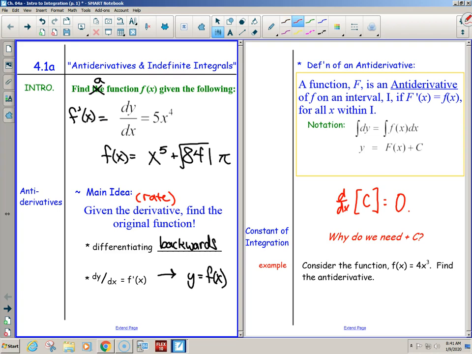Does that make sense? So if we're going backwards, if we're undoing, if we're doing that inverse relationship, maybe the word antiderivative makes sense, right?